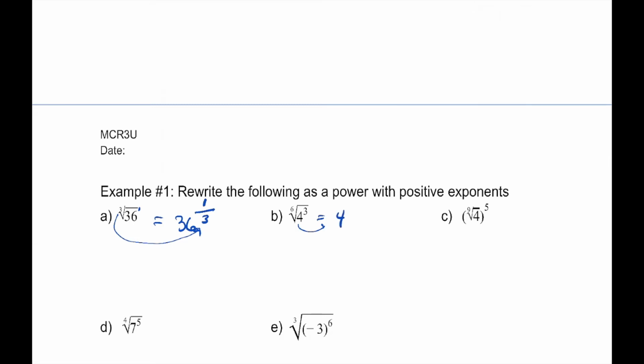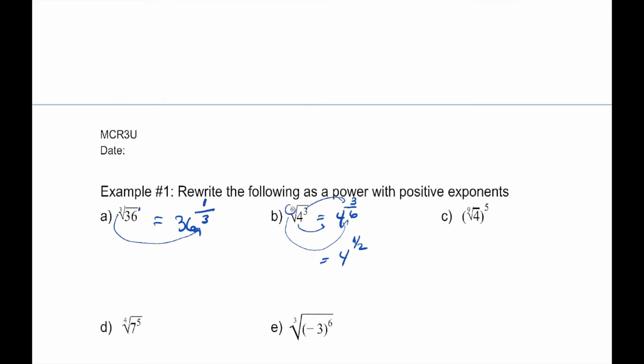And then my rational exponent is going to come from 3. It's going to be my numerator. And the radix of my radicand is always going to be the denominator. So it's going to be 4 to the power 3 over 6. And just like 3/6 is a fraction, even though this is an exponent, we always want to simplify that. So this is 4 to the power of a half.